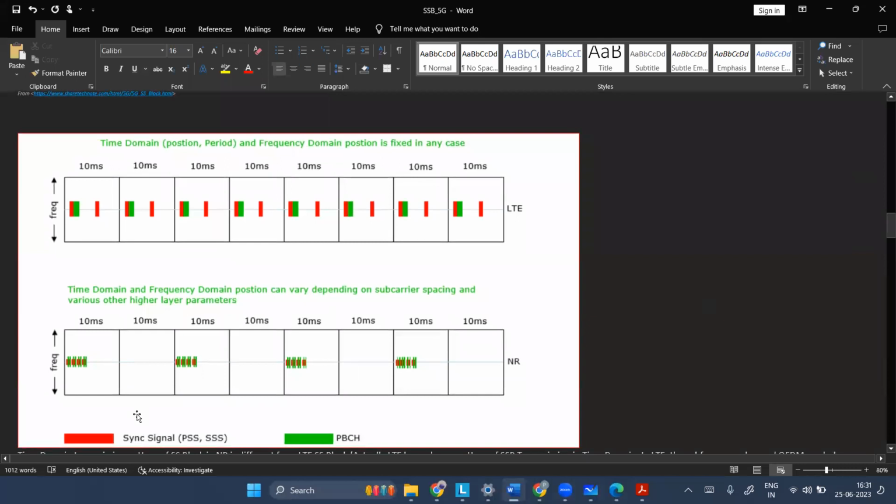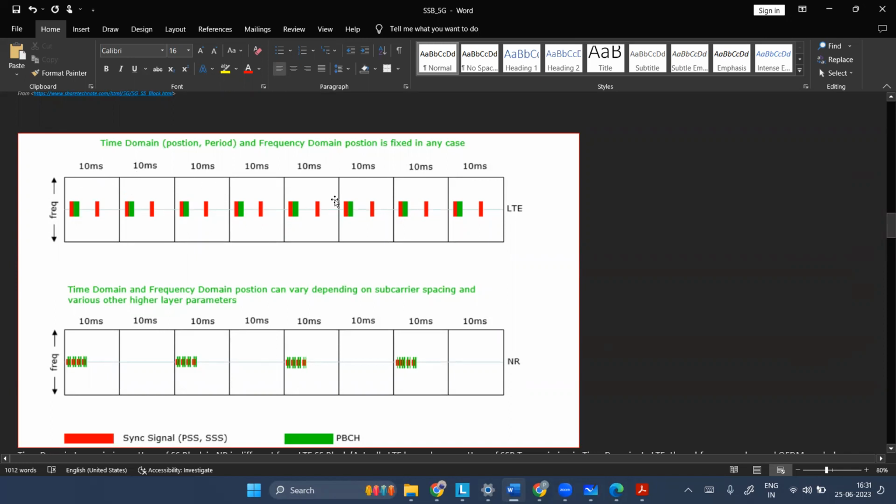If you see here, the red mark is for sync signal, PSS and SSS, and the green is for your PBCH. The very first diagram is your LTE diagram, and the second one is your NR diagram. In LTE, SS plus PBCH come together, and in 10 millisecond, PSS and SSS are repeated twice because of the 5 millisecond periodicity, and PBCH, the green one, comes only once.